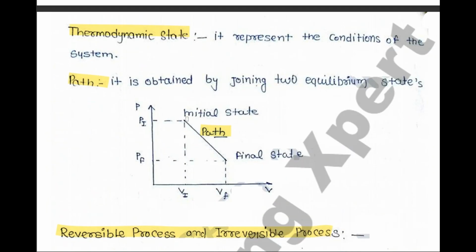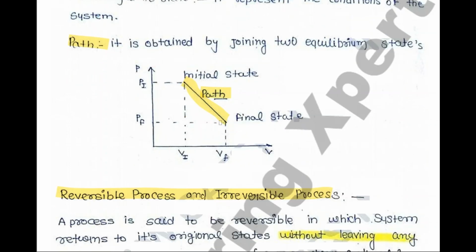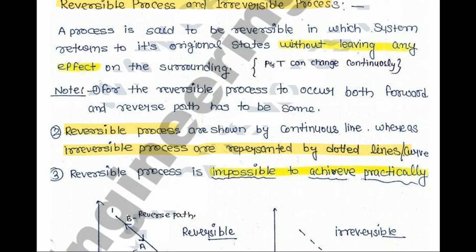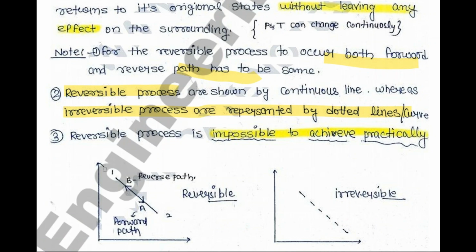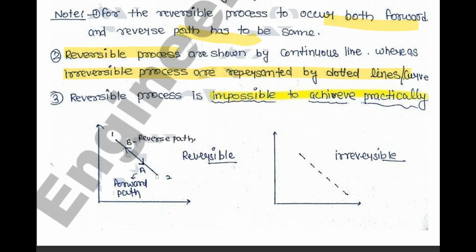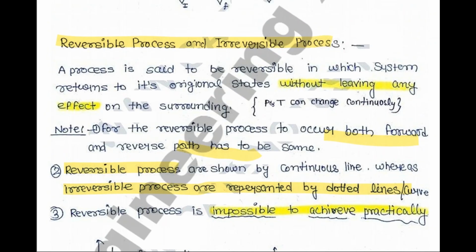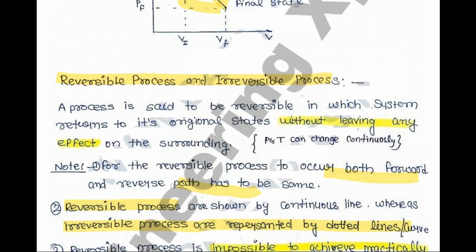Like here, if it goes from this point to this point, it is reversible only if it comes back to the same point by the same path. This pathway is not valid. Here it is mentioned that the forward and reverse path have to be the same. And irreversible processes are those that are simply not reversible.